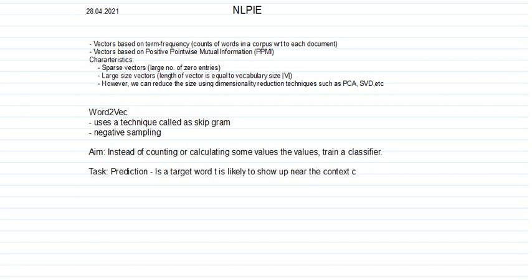So we will just be making a prediction of whether a word T is near the context C or not, right? Or C is the context of T or not.